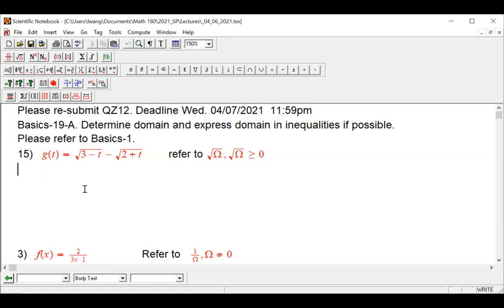Now, we have two square roots here, and you have to take care of both. In the first square root, omega is 3 minus t. In the second one, omega is 2 plus t. So you have to say that 3 minus t has to be greater than or equal to 0, and you also have to say 2 plus t must be greater than or equal to 0. The question is, what should be connecting these two?